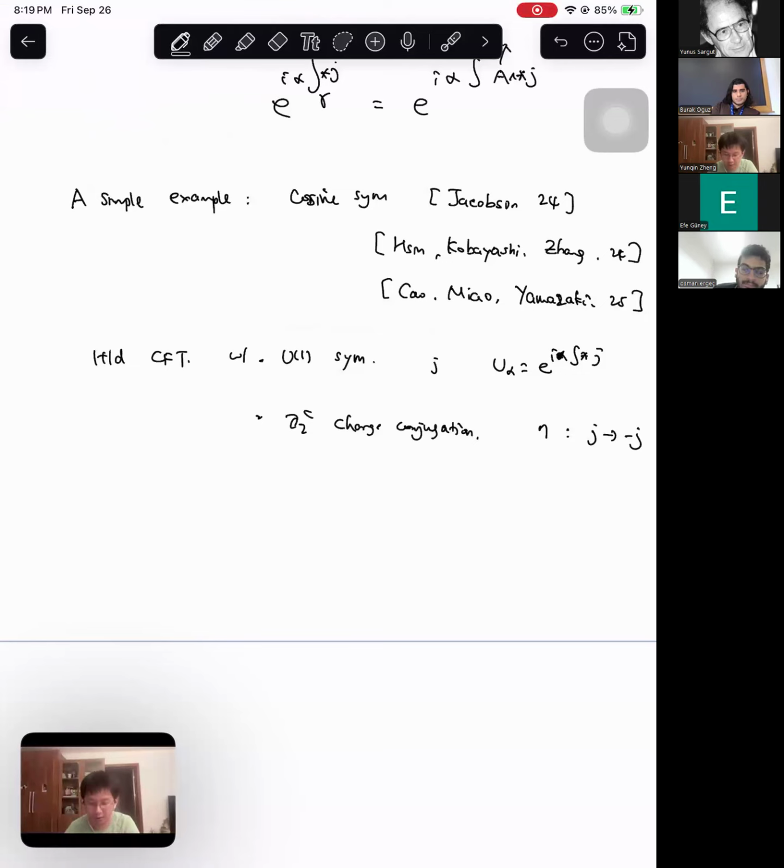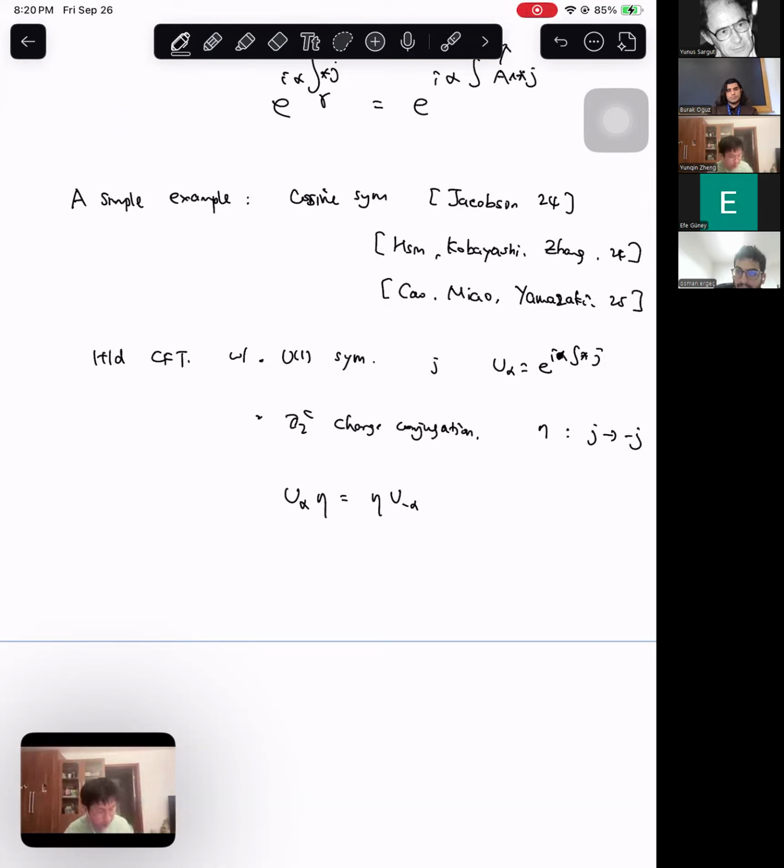So it gives the current a minus sign. In other words, the current of the U1 is charged under the Z2 charge conjugation. And in terms of the defects, they satisfy this non-trivial commutation rule. This is also obvious.